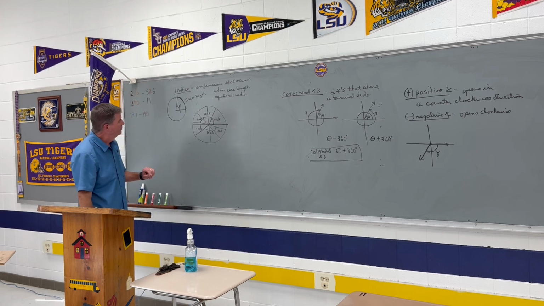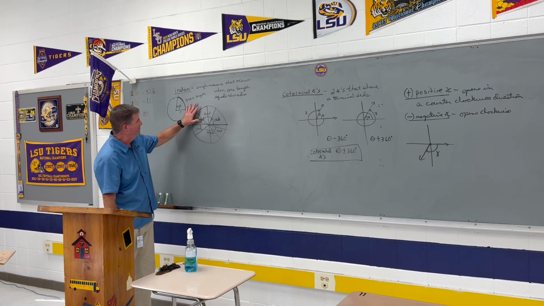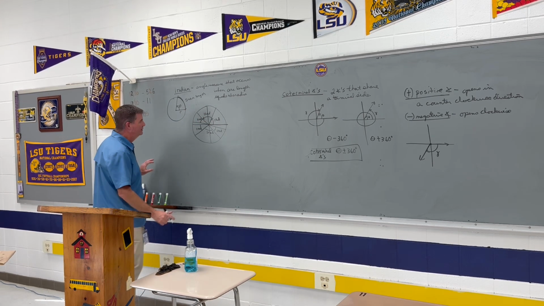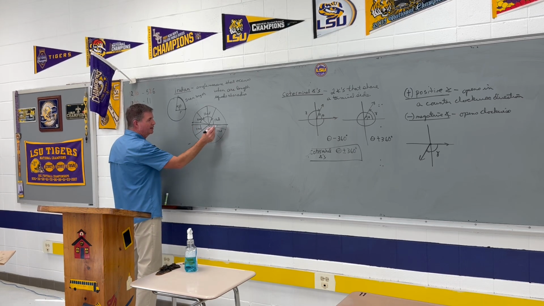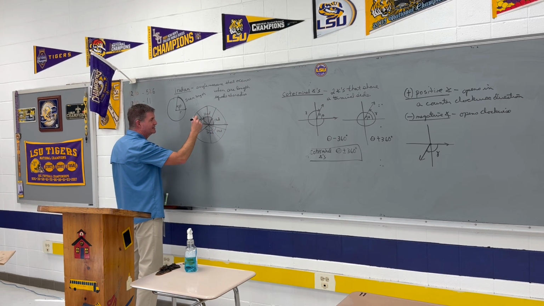But for right now, I want to just look at the top half. If we look at it, there's a little gap right here where we go this radian plus that radian plus that.